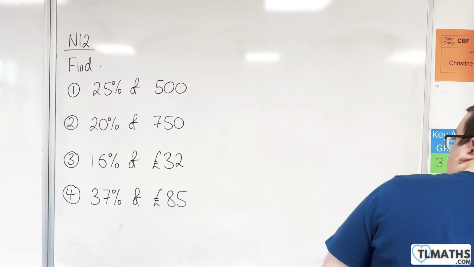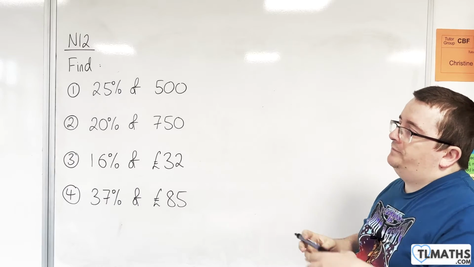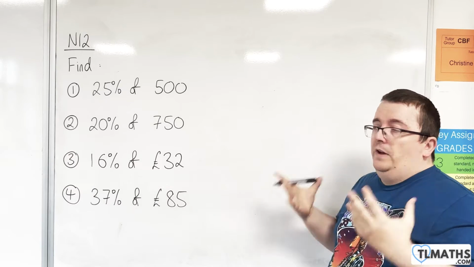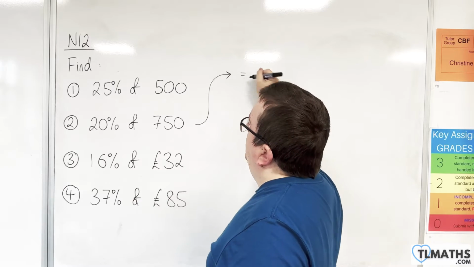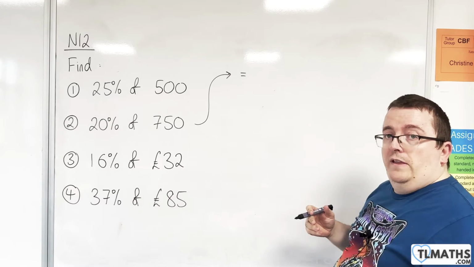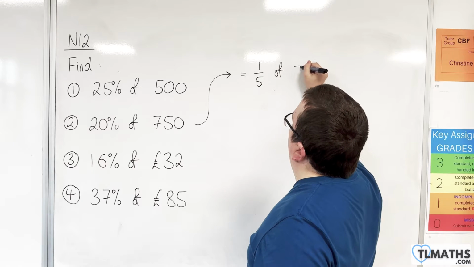Right, number 2. 20% of 750. So first thing you could do is spot, well, 20% is the same as 1/5. So this is 1/5 of 750.